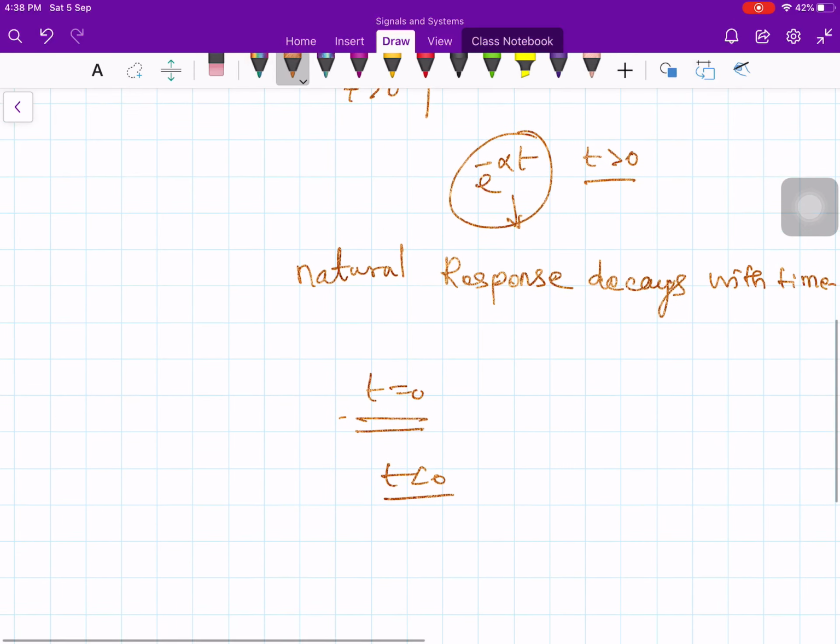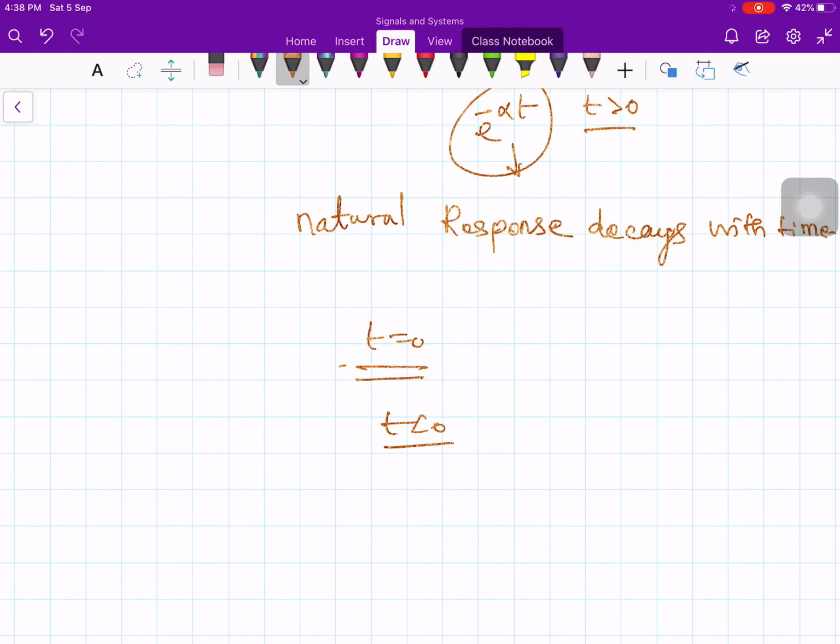So, we expect the response to be 0 up to t equals 0 and then become non-zero from t equals 0 onwards. So, response equals 0 for t less than or equal to 0, and the response is not equal to 0 for t greater than 0.